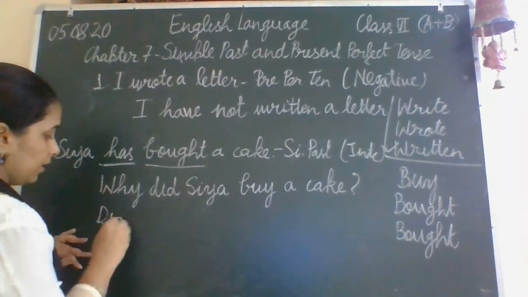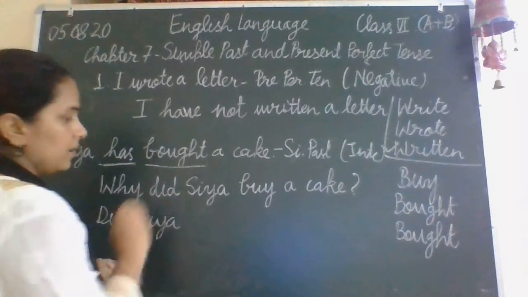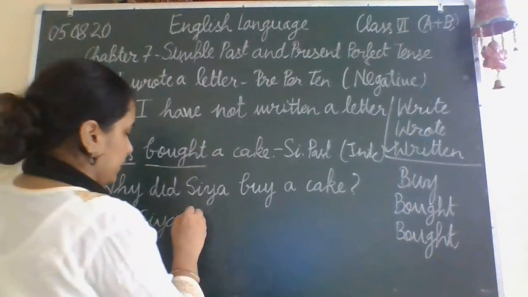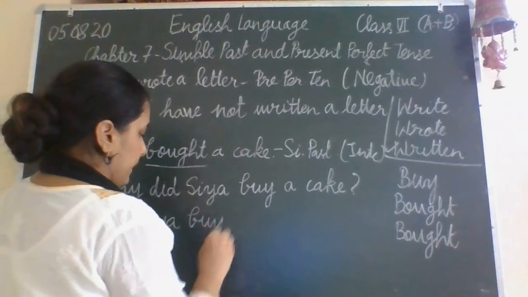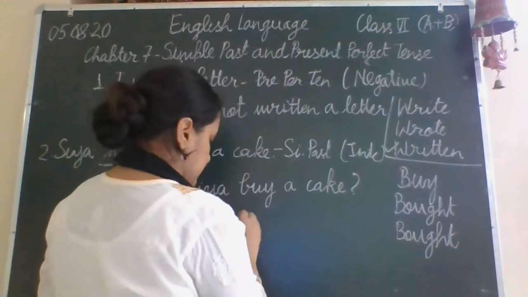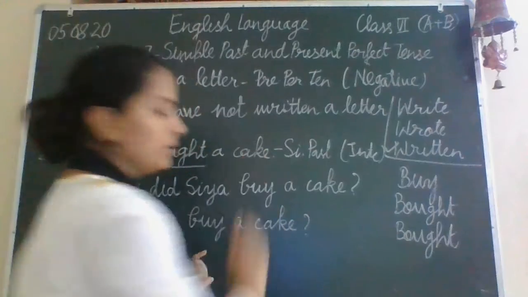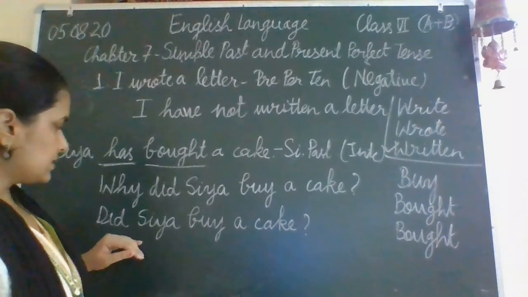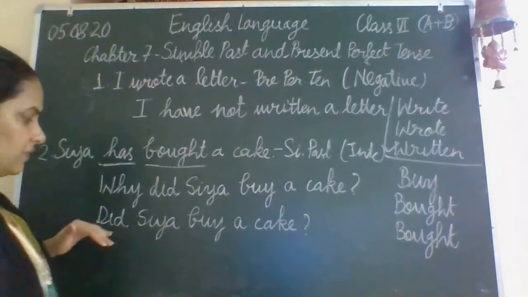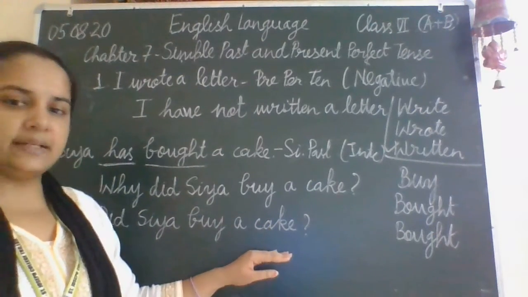Did, subject Sia, first form of verb, which we already saw is buy. Did Sia buy a cake? Question mark. So this is the way we will change this sentence into an interrogative sentence starting with the helping verb: did, subject, first form of verb and the object.